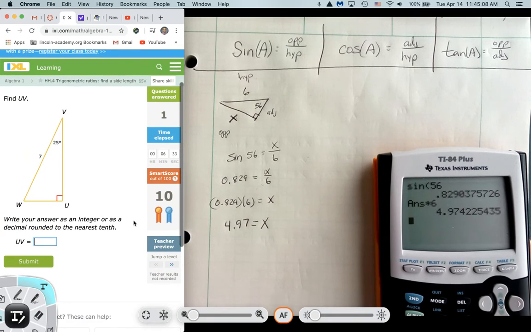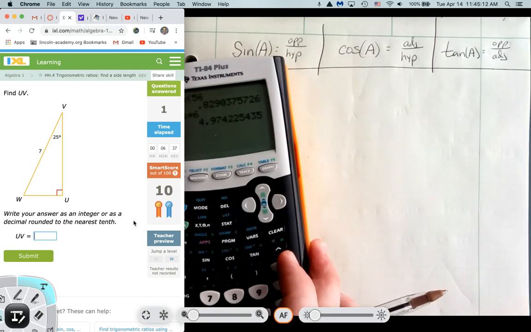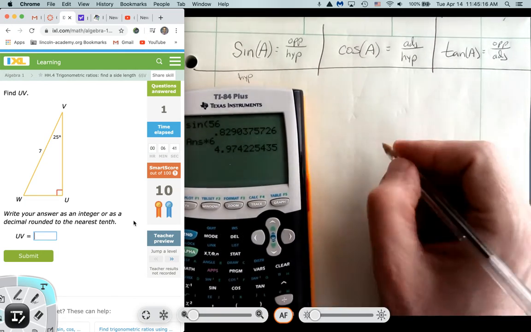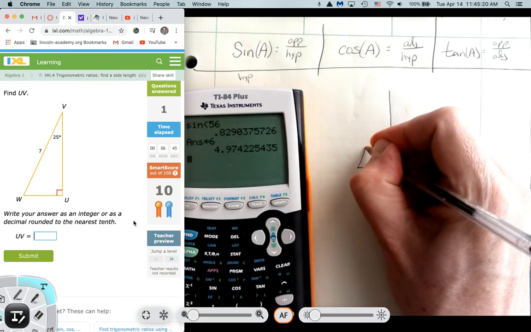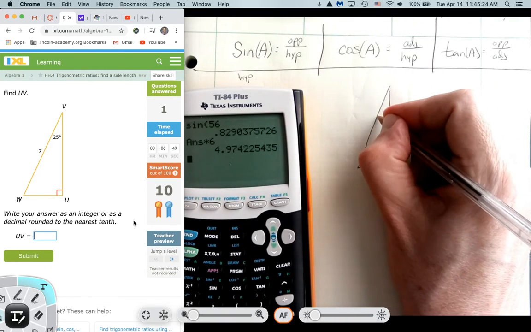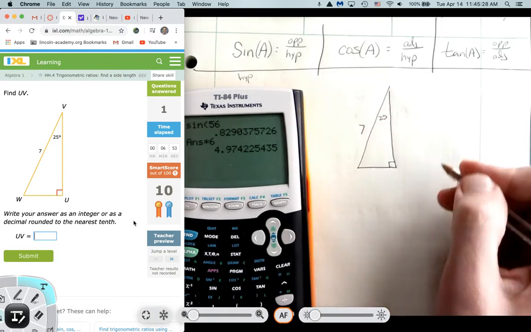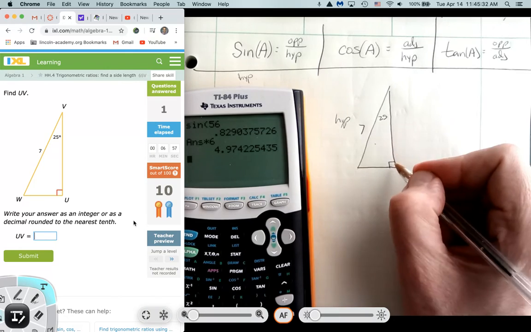So again, every problem is going to be very similar to this. For this one, I'm going to write down that triangle. This is my angle I know, 25 degrees. I know this side. I'm going to label this my hypotenuse because it's across from my right angle.